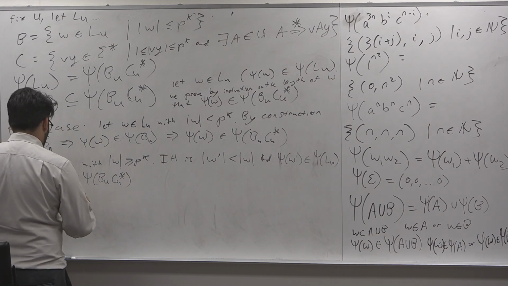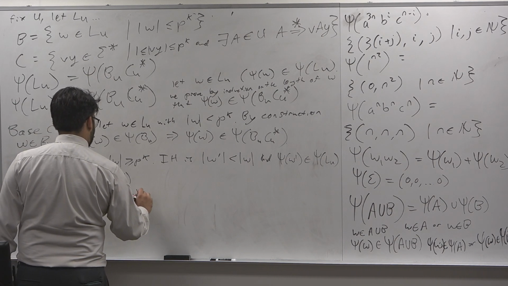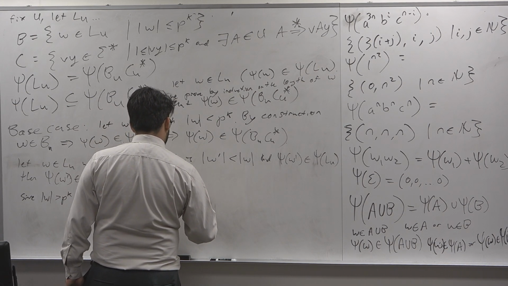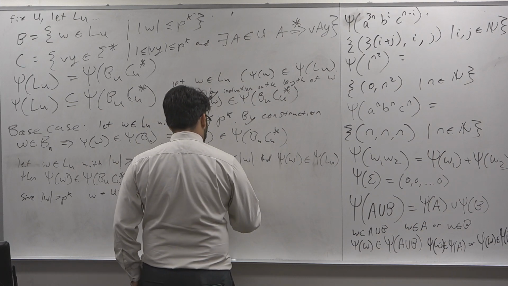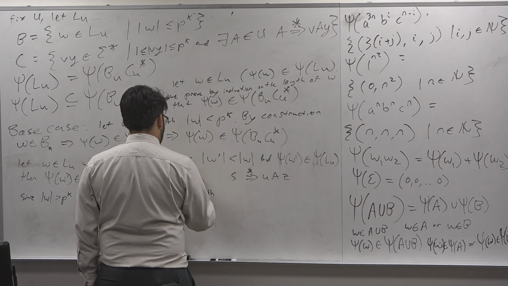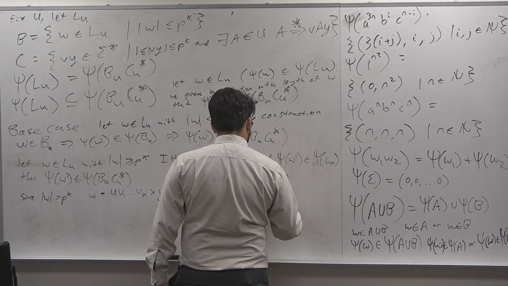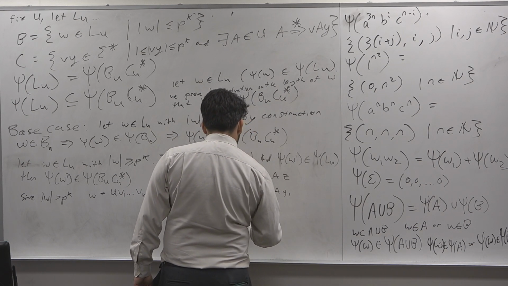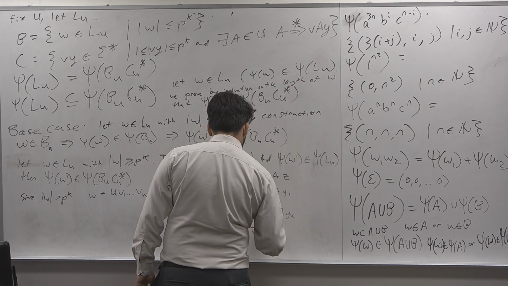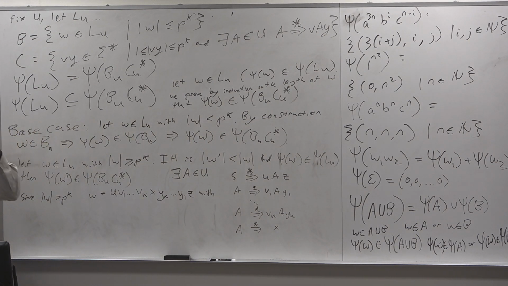We get to say that W is equal to U V1 VK X YK Y1 Z with S produces UAZ, with there exists some A in U specifically, that X produces UAZ, A produces V1AY1, A produces VKAYK, and A produces some string Z, some X. Subject to all of those conditions, right?